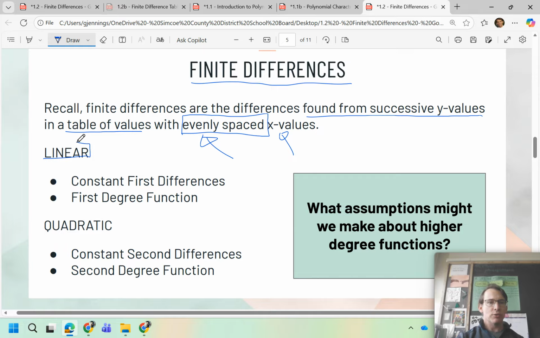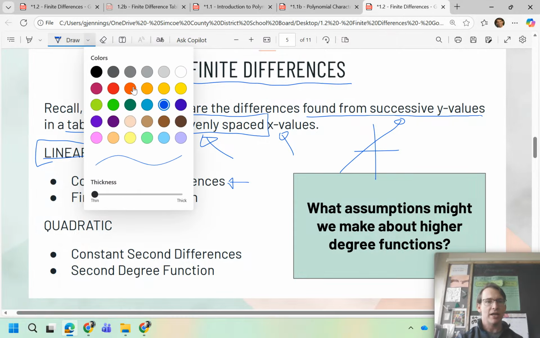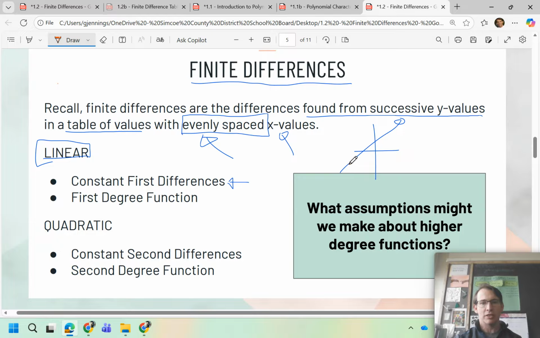Linear functions, we saw in grade 9, have constant first differences. So if I have a linear function, this shouldn't surprise us that our first differences are constant because we just have the same slope going along and the slope doesn't change as we go. So that creates these constant first differences just from that shape.